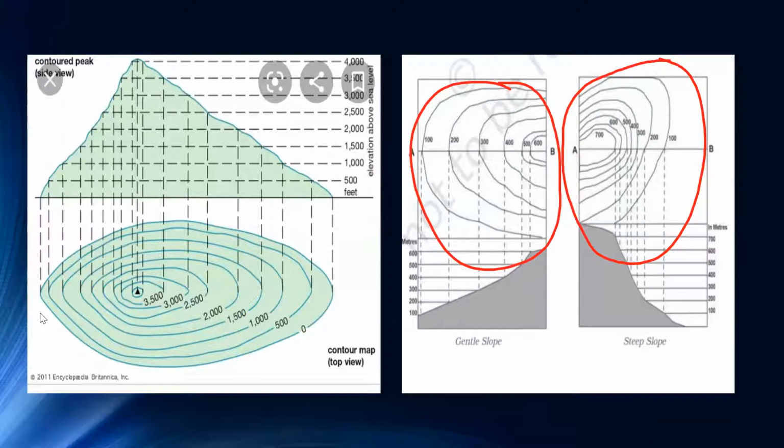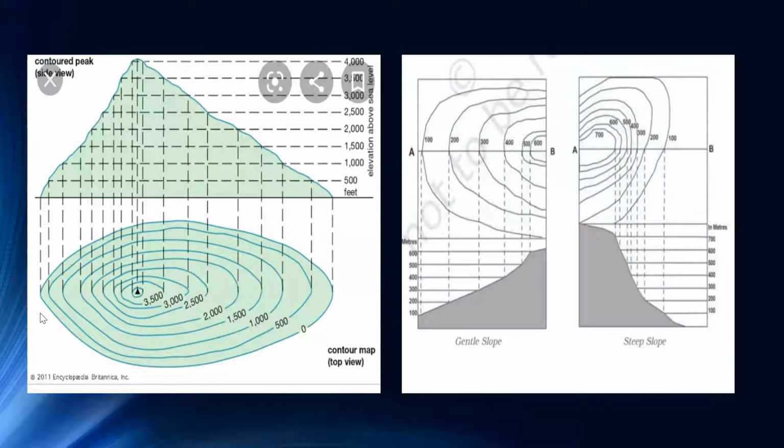In the one on the left hand side, you can see the contours are closely arranged. But in the other one, you can see the contours are spaced out, isn't it? So spaced out contours tell you that the slope is gentle, and if the contours are compactly arranged close by, it is a steep slope.